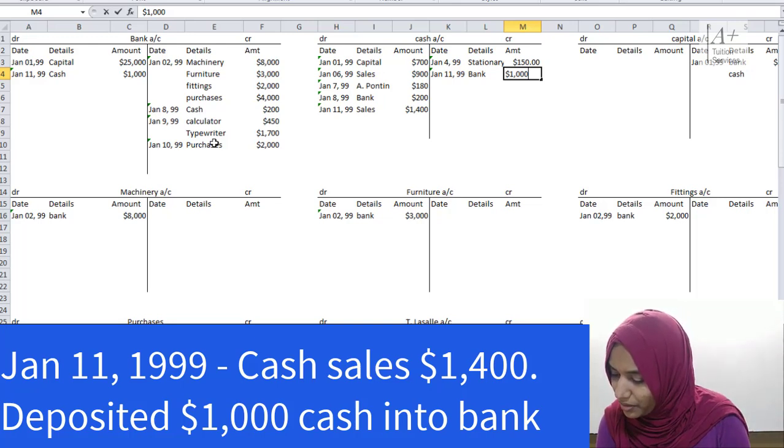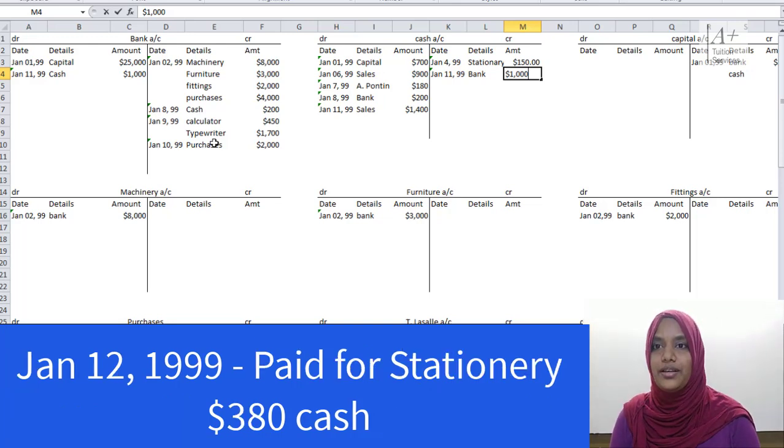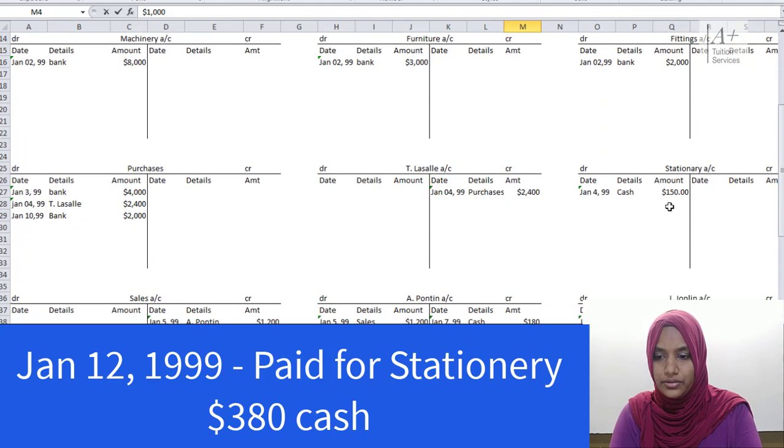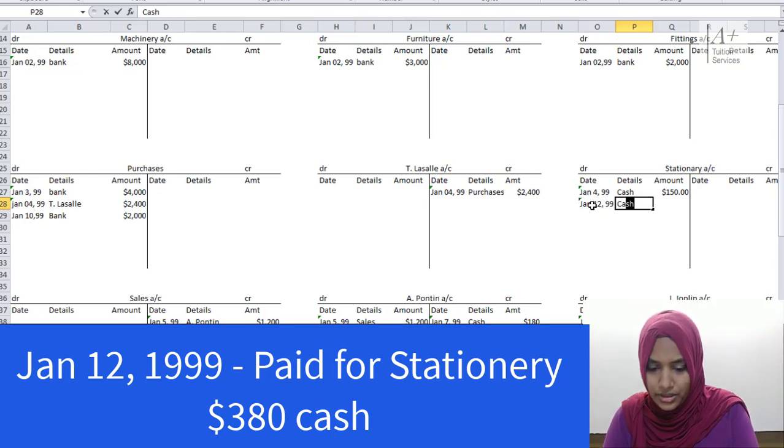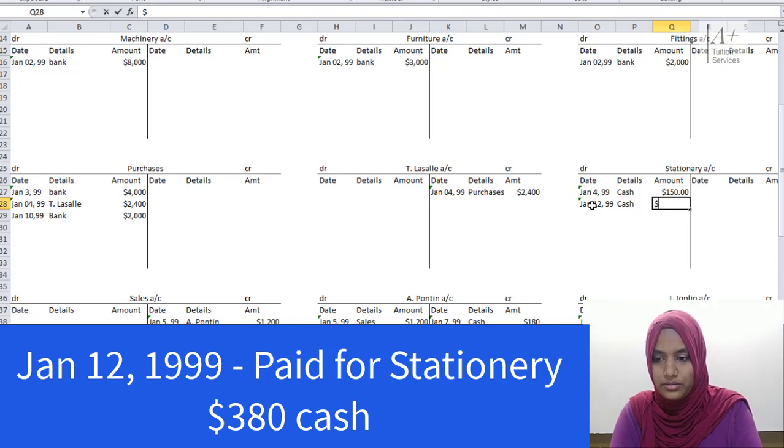So the next part now, paid for stationery, $380 in cash. And if I recall, we have a stationery account open, and this account will be debited. So January 12th, 99, we have cash, and the stationery is $380. Okay, and in the cash account now, it will be debited.